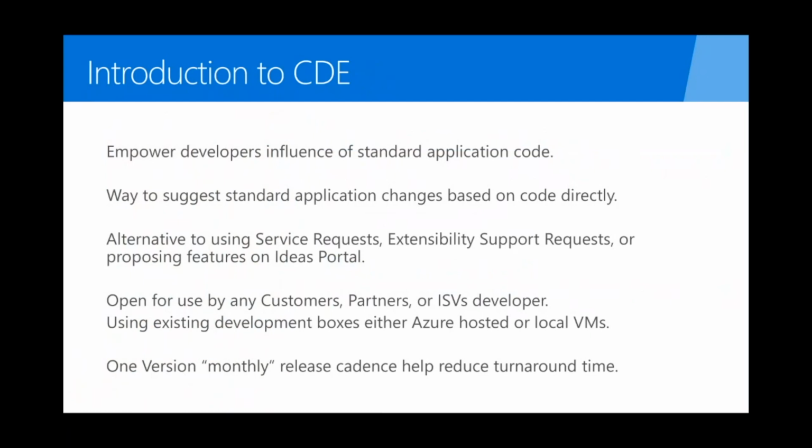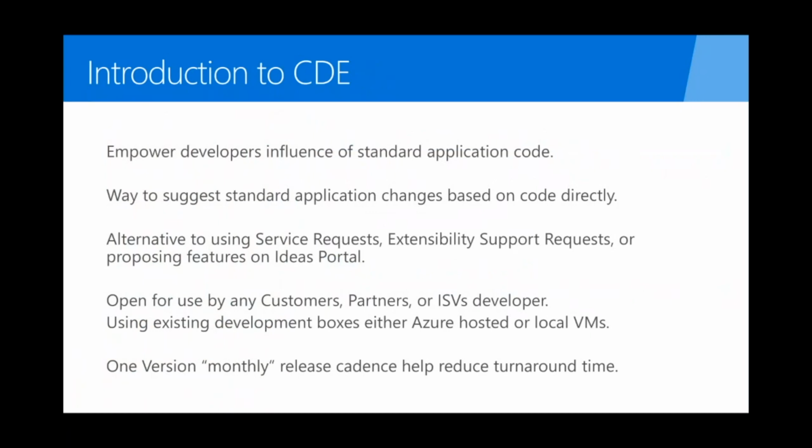Well, this is where community-driven engineering comes in. What we're looking for is to help empower developers to still be able to influence the standard application code. Developers are able to suggest changes by changing the code directly and sending this to us for review, such that we, with that as a basis, can integrate and change the standard application.